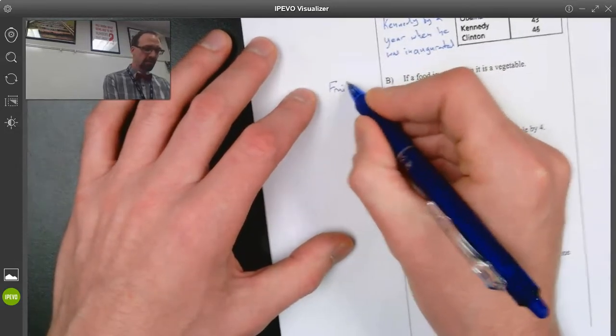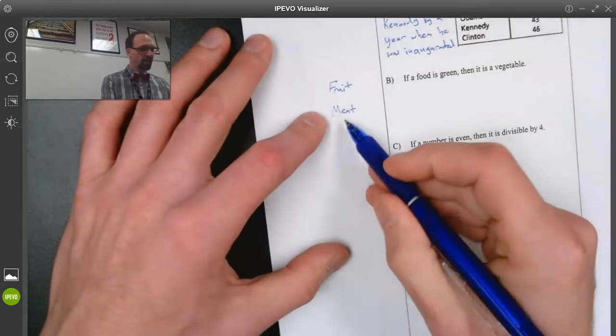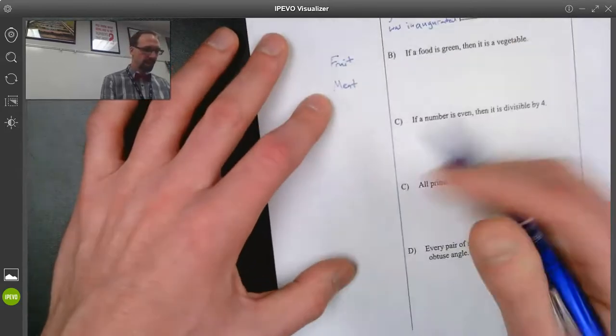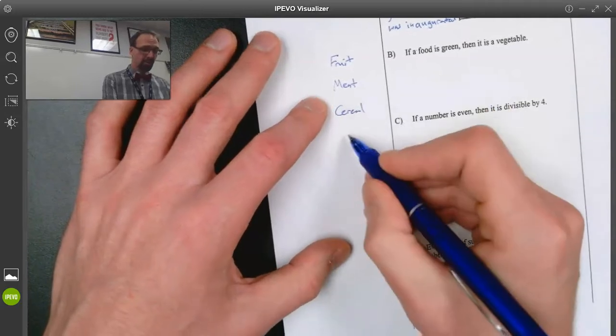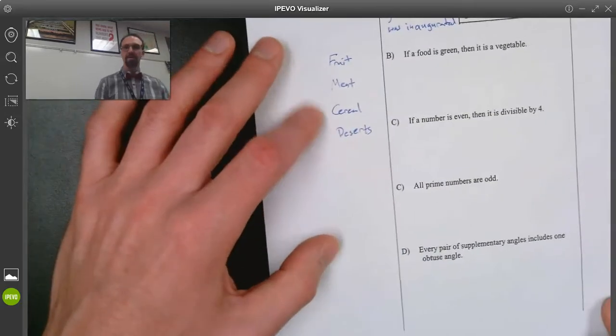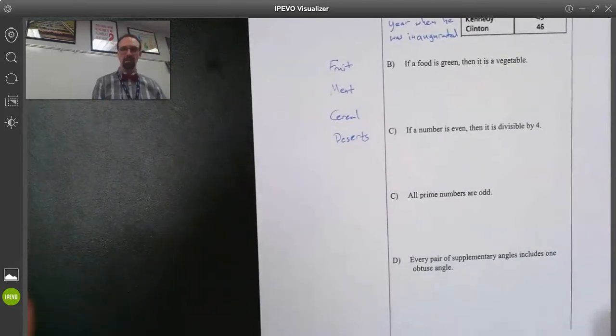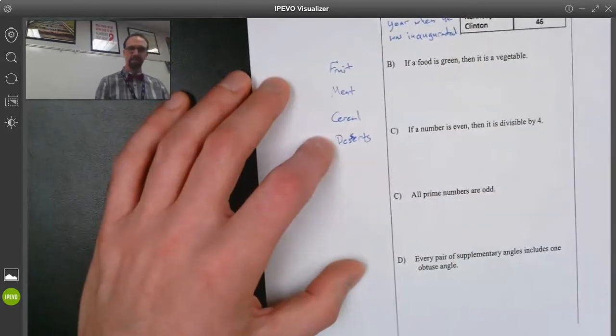So go to fruit, meat, anything that's meat. Hopefully if it's green. We can talk about cereal or desserts. So it's helpful to kind of list out some other ideas here to get you just kind of focused on what's going on. Desserts.